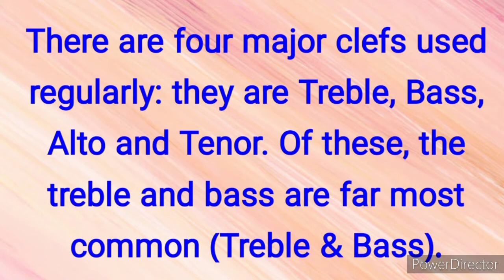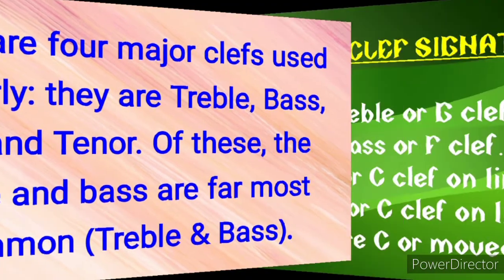These 2 are the ones that we see every day in our songs. The alto and tenor are used mostly for musical instruments. But treble and bass can be used for both instruments and for singing. Did you get that?